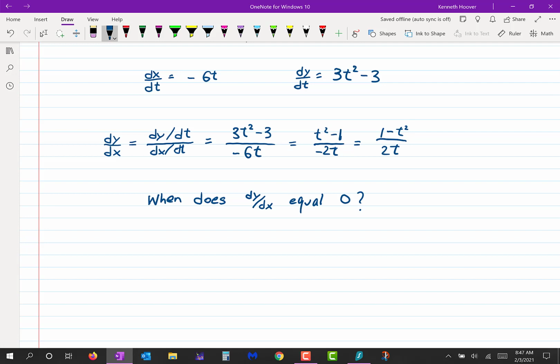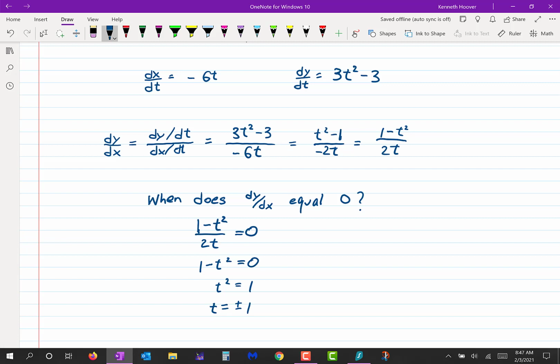Let's just work it out. 1 minus t squared over 2t, set that equal to 0. We get 1 minus t squared equals 0, which means t squared equals 1, which means t is positive or negative 1. That's the two places where the derivative is 0.